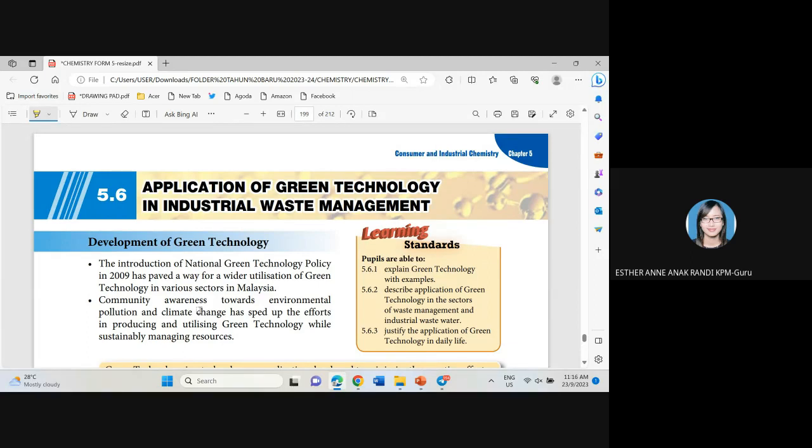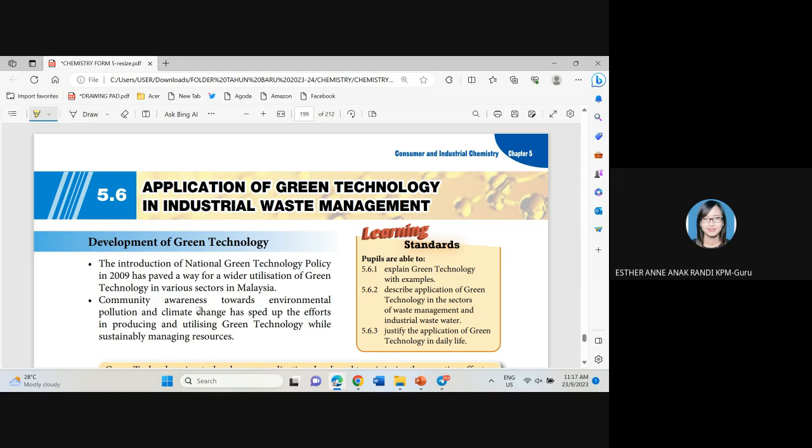And we're not only talking about sampah physical, but we are also talking about liquid waste. Okay, air yang kita buang dekat toilet, air yang kita buang dekat sinki and so on. Okay, yang dibuang dari kilang-kilang. So those, what happens to those water? So those liquid and waste, we will treat them, rawat, and we use them again.